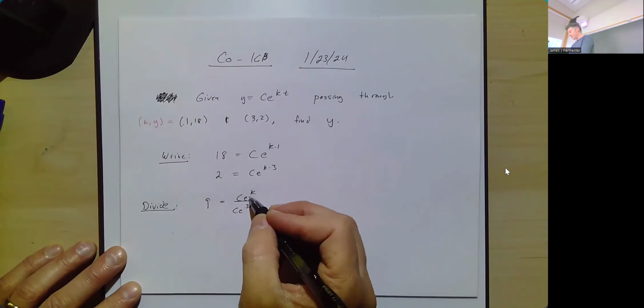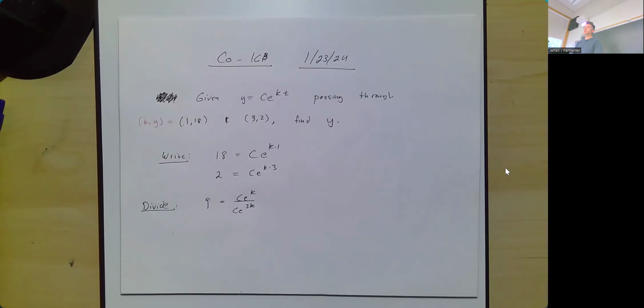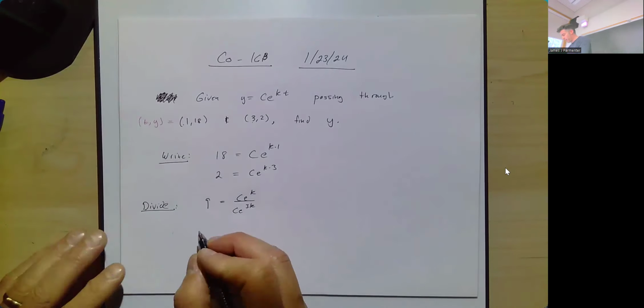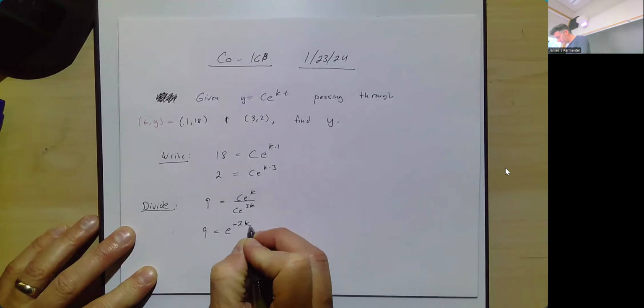And when you have e to the k divided by e to the 3k, what do you do with those exponents? It's not a rhetorical question. They don't cancel out, they subtract. And k minus 3k is negative 2k. So we could totally rewrite this as 9 equals e to the negative 2k.